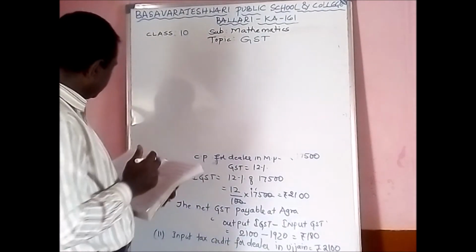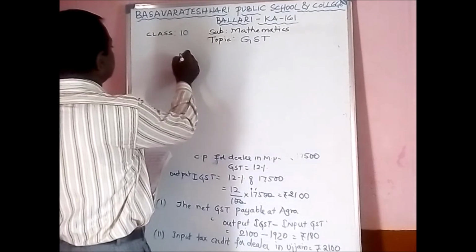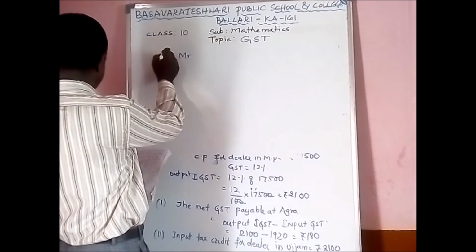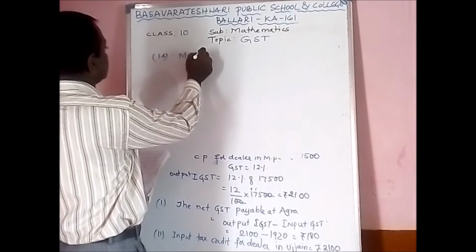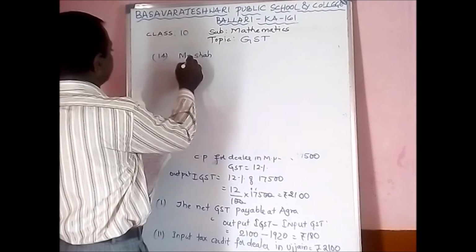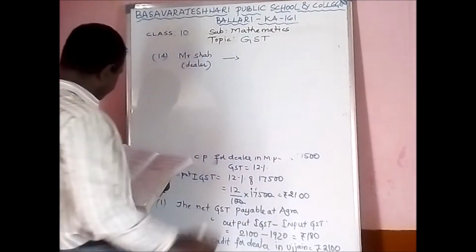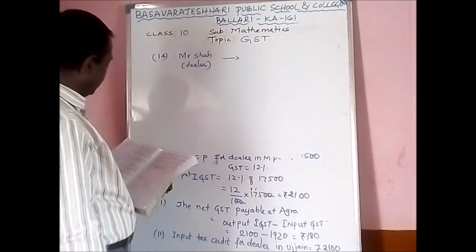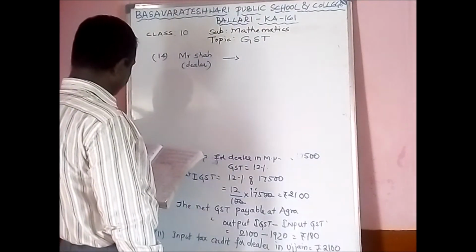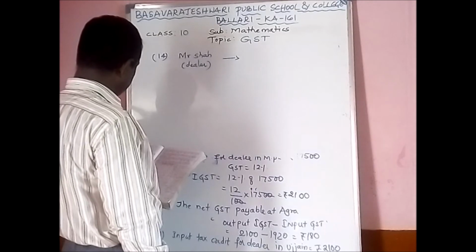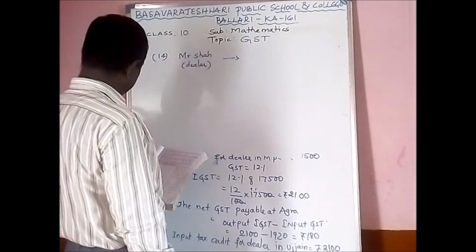So dealer Mr. Shah, this is the 14th question. Mr. Shah is a dealer. What is he doing? He purchases an article for rupees 50,000 and supplies it to another dealer.